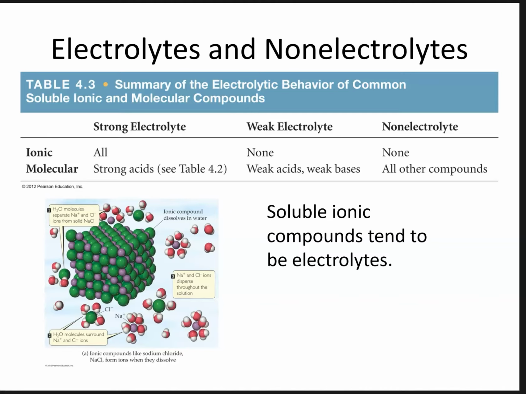The higher the ionic charge, the less likely it's going to be able to dissociate. And so weak acids, weak bases, or highly charged ionic materials make weak electrolyte solutions because it becomes increasingly more difficult to separate highly charged particles from each other.